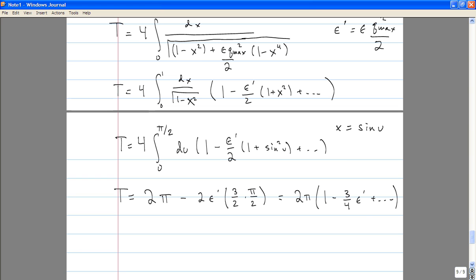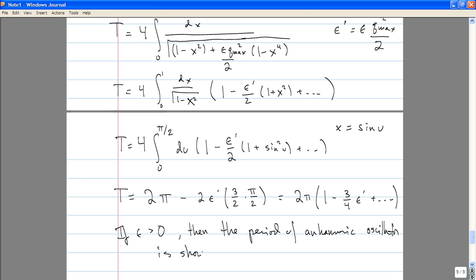So what we see is that if epsilon is greater than 0, then the period of the anharmonic oscillator is shorter than that of the simple harmonic oscillator.